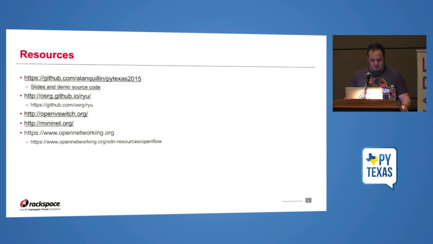Find out more about OpenFlow at opennetworking.org. And Mininet is really cool if you want to play around with it. They have VirtualBox images you can download with Mininet ready to go. If you're running Ubuntu, you can just apt-get install it, but not if you're running Fedora. Sorry, it won't work.